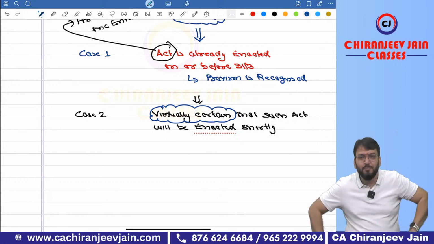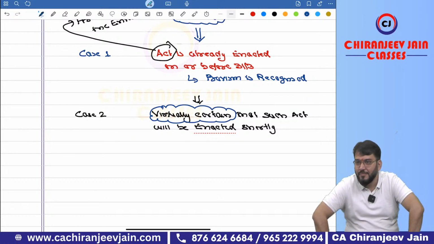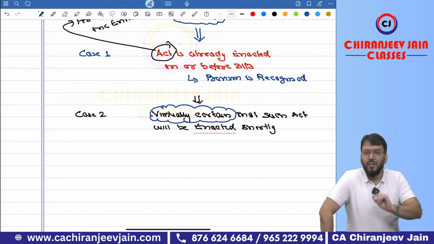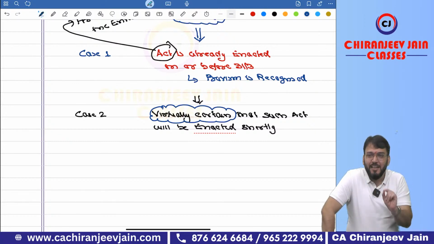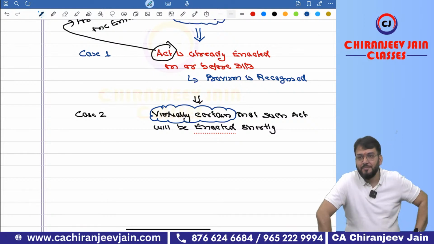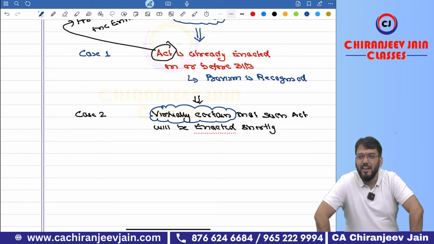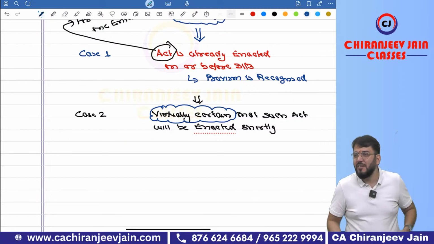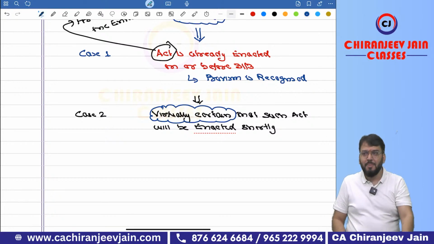Suppose the bill has been passed in both the houses, Lok Sabha and Rajya Sabha. Now what is left? The President's sign and notification are left. But the President in India is only a formality. Will he reject, will the President say no, I will not sign?